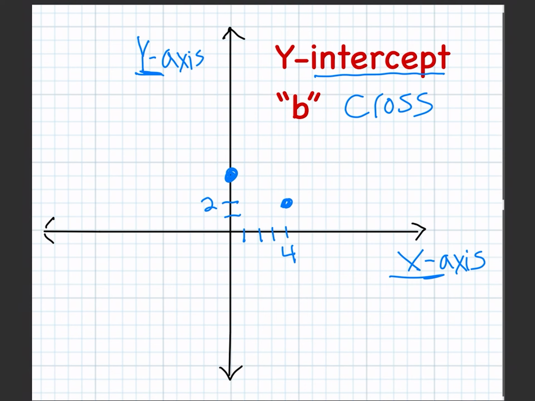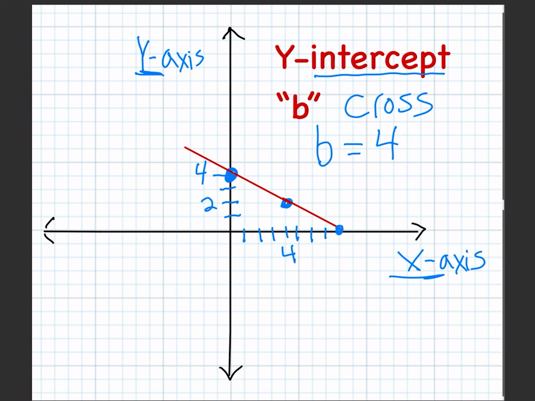That point right there is at 4 for y. If I draw a line connecting the first point and this new point, see the line goes through 4 on the y-axis. So 4 is our y-intercept. So b is 4.